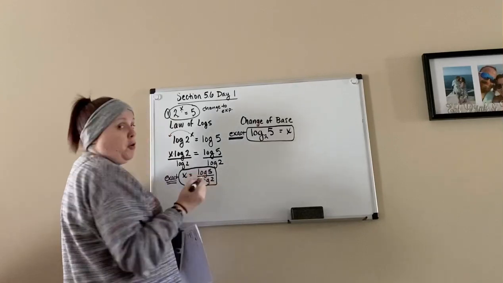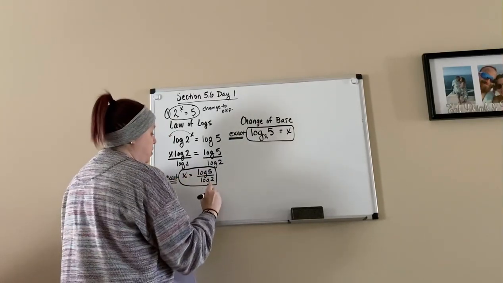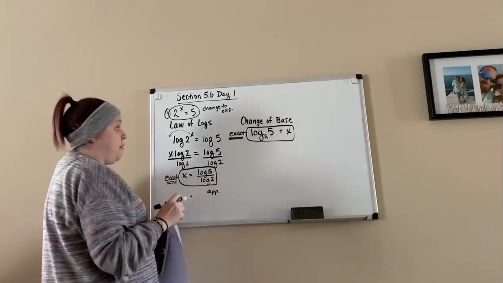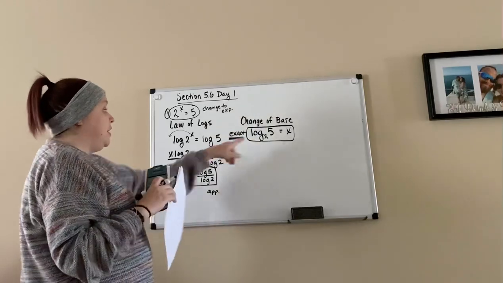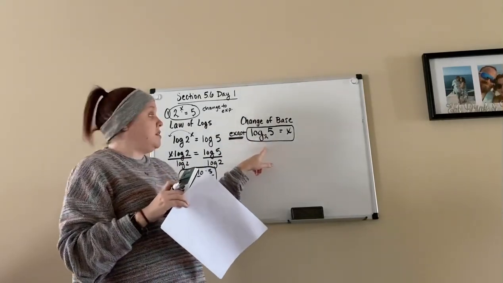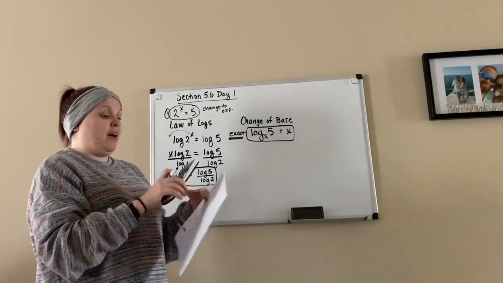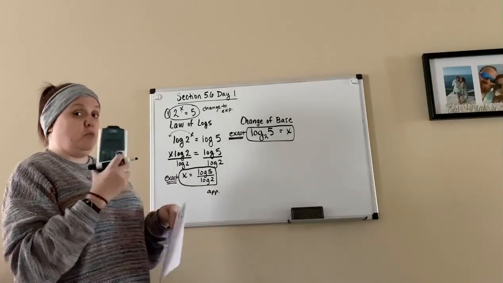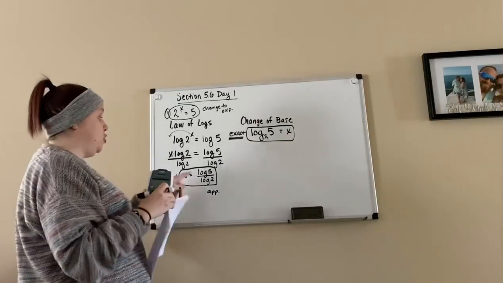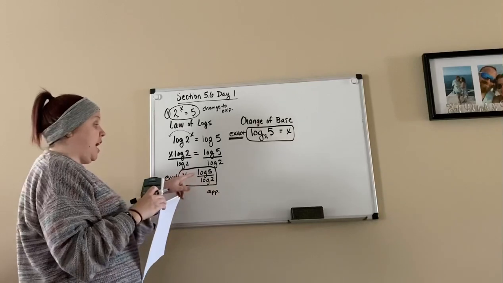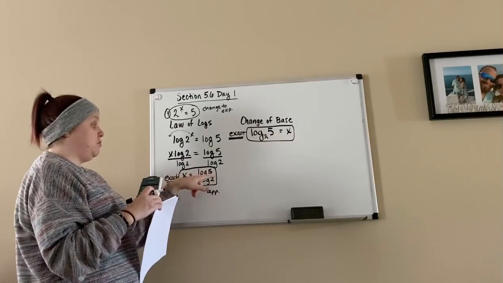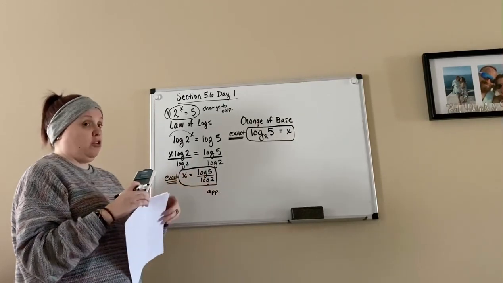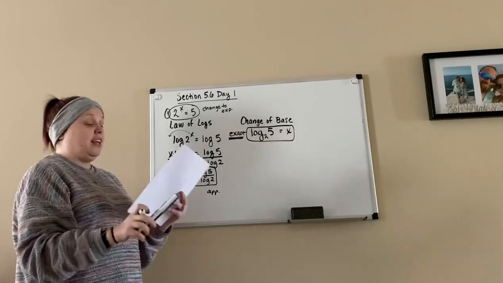Now they ask on both of them for the approximate answer. For the approximate answer, we just have to be able to type this into the calculator. You can't type this one in. You have no button that says log base 2, but you do have a log button, one that just says regular log. You could type this one in. So you're going to actually type in log 5 divided by log 2 in your calculator, and you're going to get a decimal.